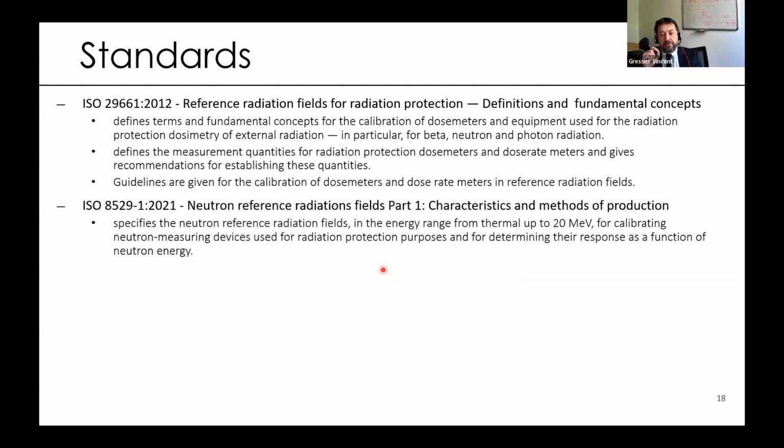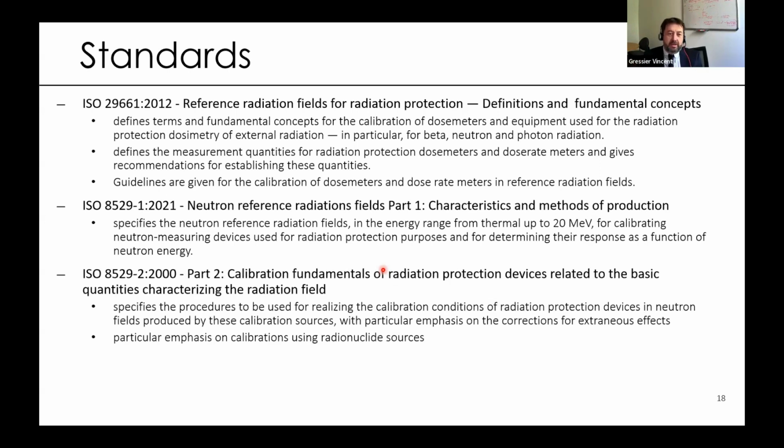Then you have a first series, the first of the series of 8529, which is characteristics and method of production. That mainly focuses on the neutron sources that could be produced by radioactive sources, reactors, accelerators, and gives you some recommendations on how to produce a reference field using this kind of neutron source.